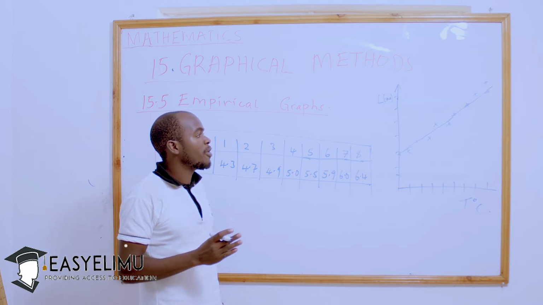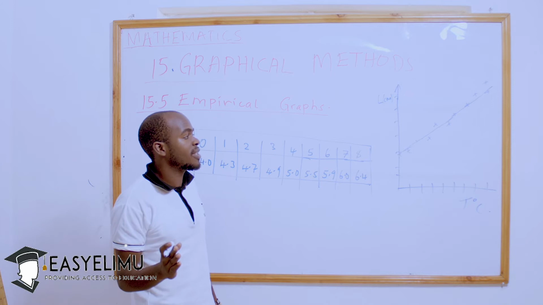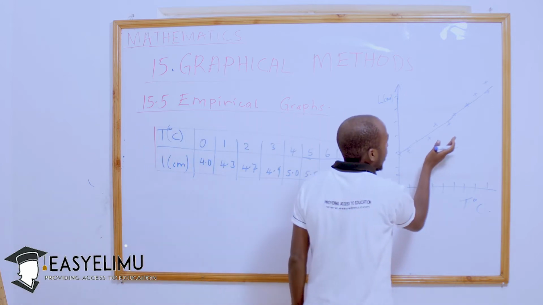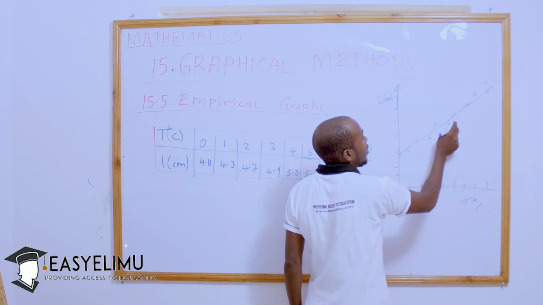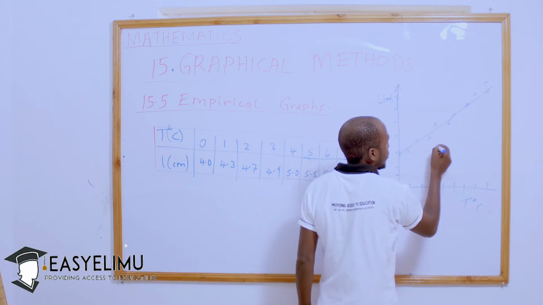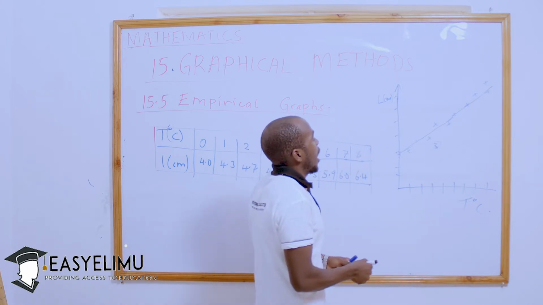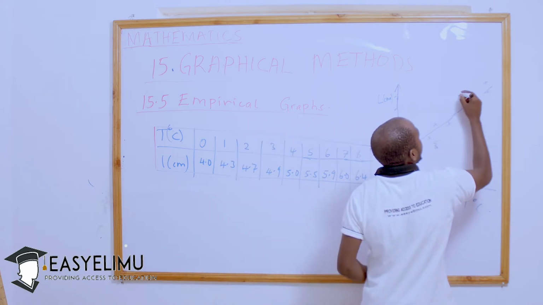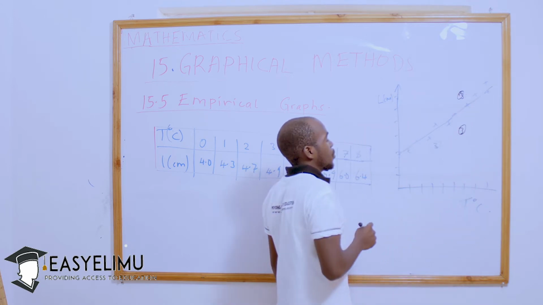If you miss some of the points, there should be equal distribution on either side. On the downside, for this one here, I'm having 3 points which the line didn't pass through. And on the upper side, I'm also having 3 points which the line didn't pass through.